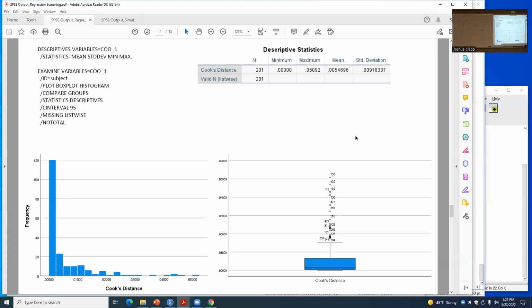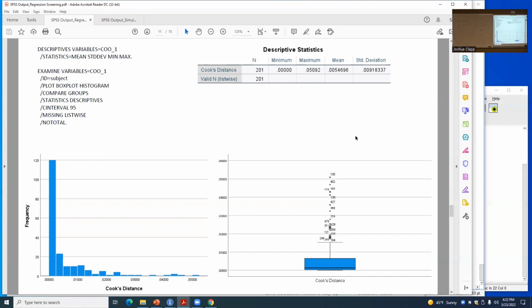Yeah, how do you know that? Max is 0.05, right? So again, we've got cases that exceed our general standards for, hey, this is maybe something that requires attention. And if I take a look here, boy, I've got a whole bunch of these hanging out here at the end.